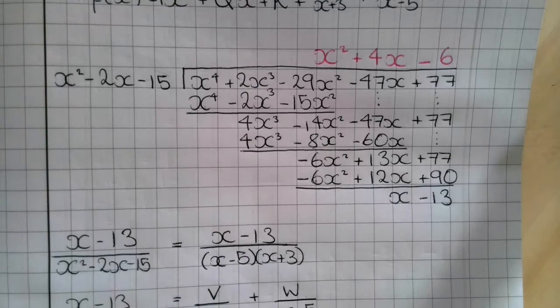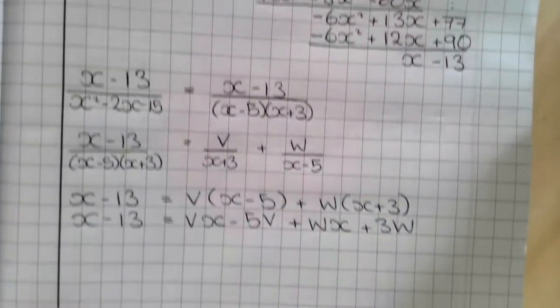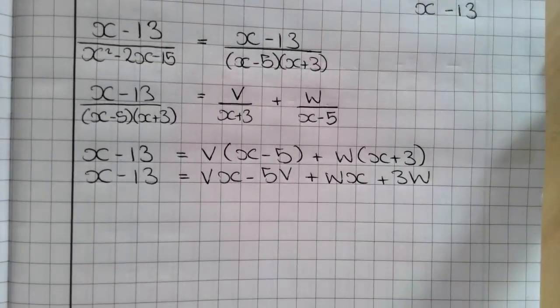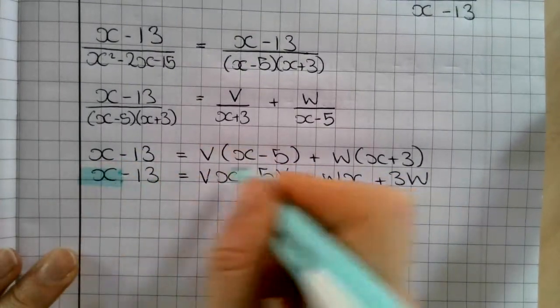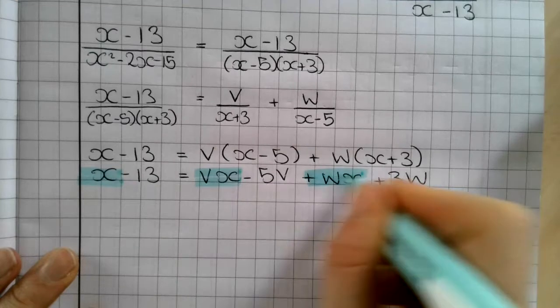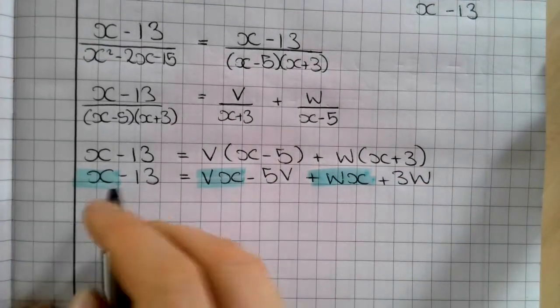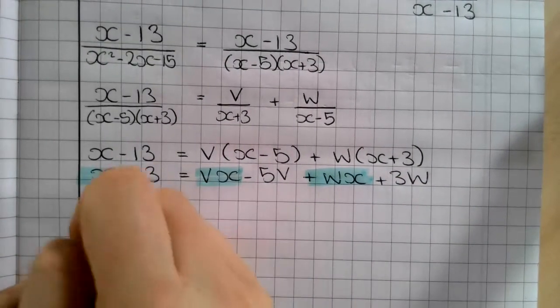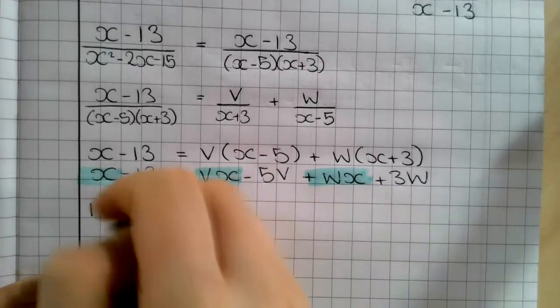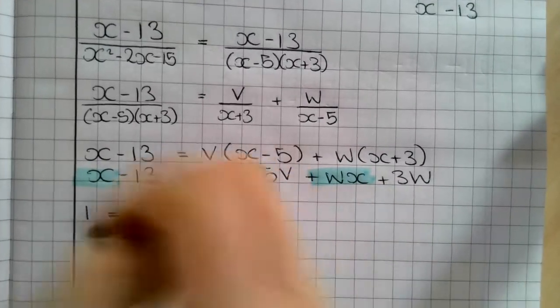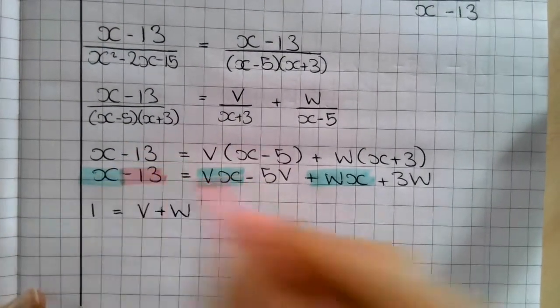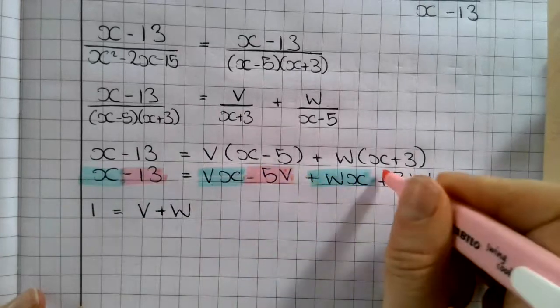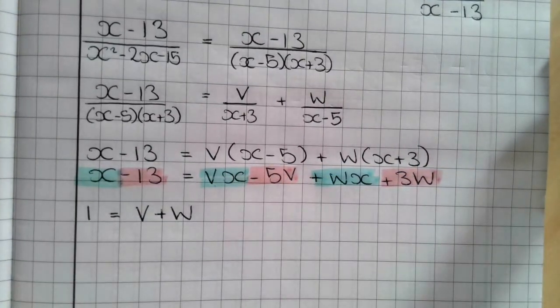Now we're going to compare coefficients. Comparing our x coefficients, I've got 1 is equal to v plus w. Then comparing our constants, I've got that negative 13 is equal to negative 5v plus 3w.